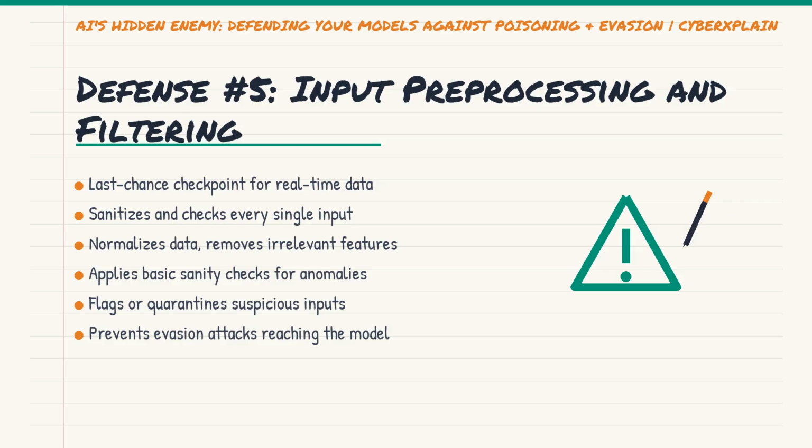We normalize data, remove irrelevant features, and apply basic sanity checks. If an input looks like an adversarial example, perhaps it contains pixel values outside the expected range or statistical anomalies, we can flag it, quarantine it, or refuse to process it, instead of feeding it directly to the model. This is critical for preventing evasion attacks from reaching the core.